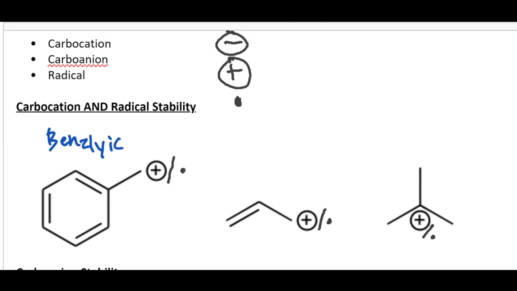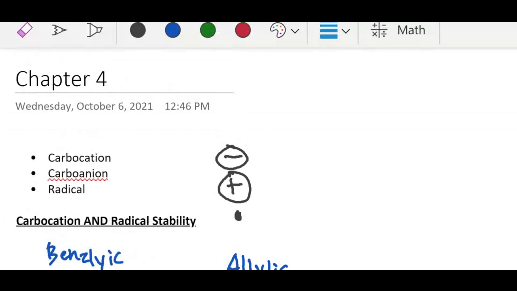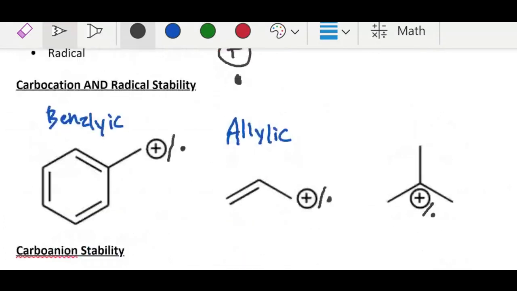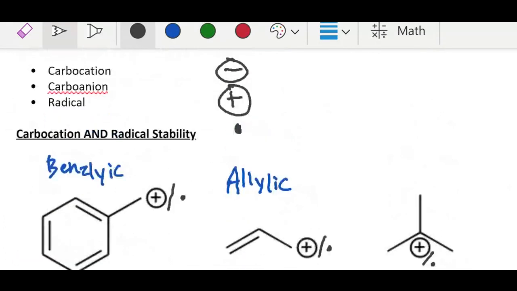Okay, this one is called allylic. So allylic is a single resonance structure, where benzylic is resonance within a benzene ring. Okay. So benzylic is obviously greater than allylic, and next we have this structure.